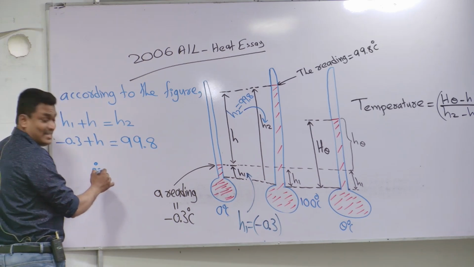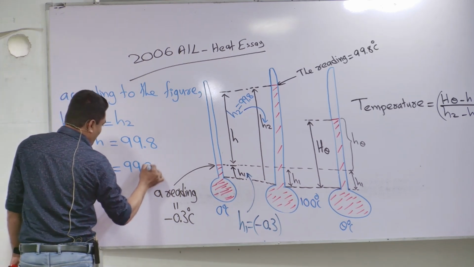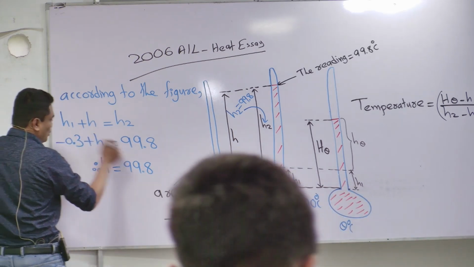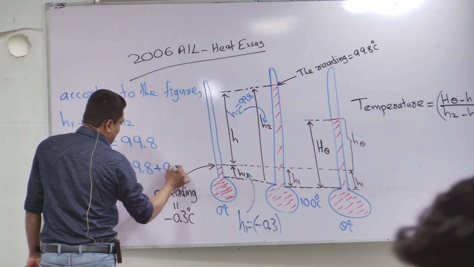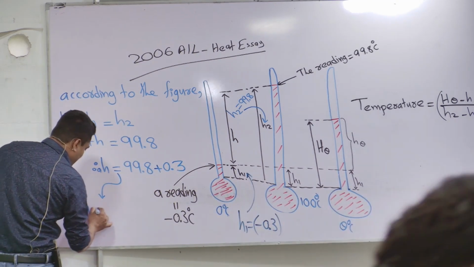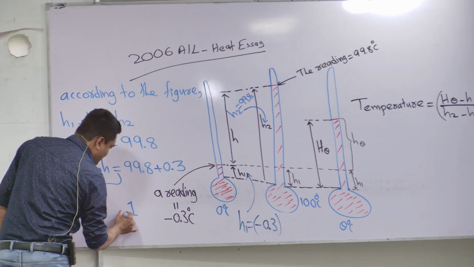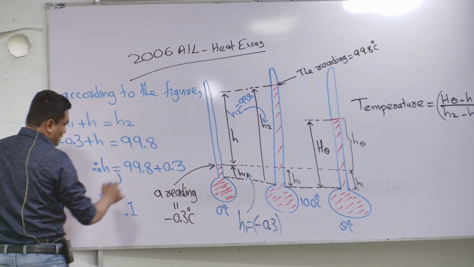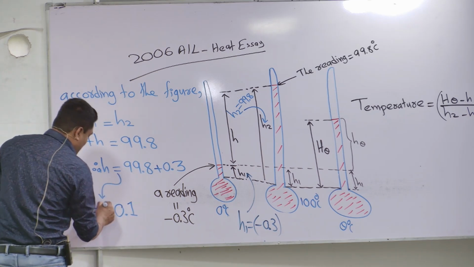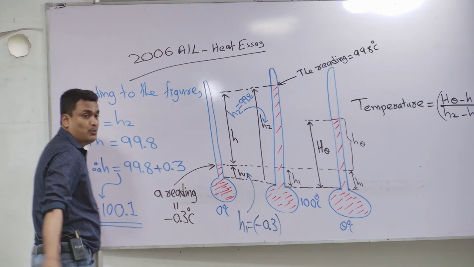Therefore, H equals 99.8 minus 0.3, which goes to the other side as plus 0.3. Then you get H equals 8 plus 3 is 11, 1 remaining, 9 plus 1 is 10. So H is 100.1.